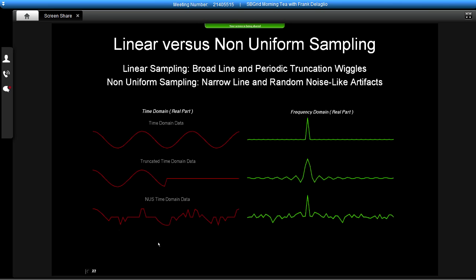In the non-uniformly sampled case, though, we have a nice sharp line, but we have what appears to be random noise in the baseline. But that is not random noise at all. It's completely deterministic. It's determined by the pattern of points we measured and the pattern of points we skipped.